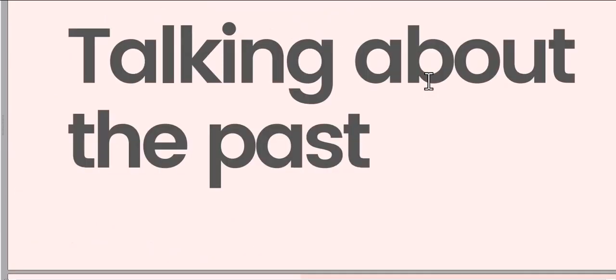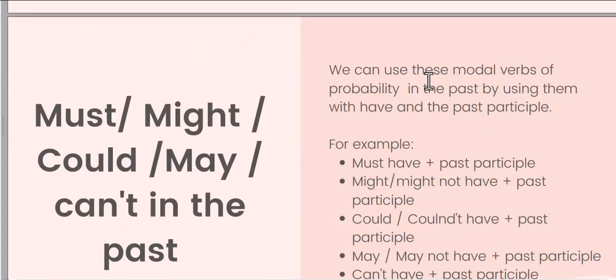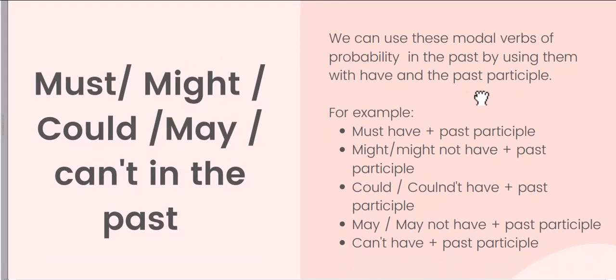Now let's talk about the past. As I mentioned at the start of this video, you can't use every modal verb in the past, but there are certain modal verbs you can use in the past.